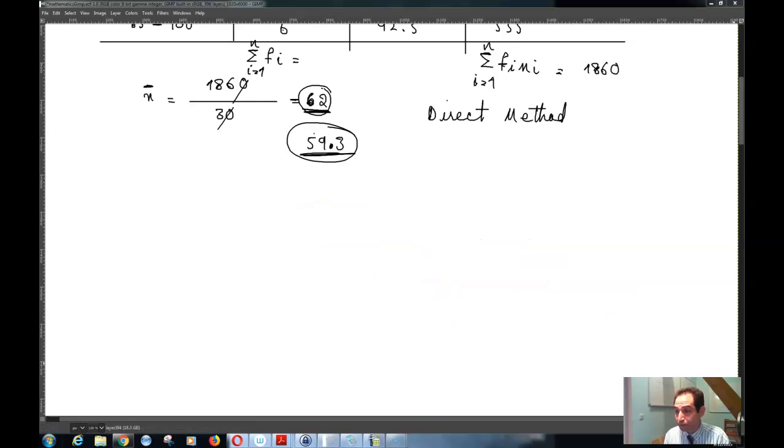Meaning that the difference between these two numbers is 2.7. The difference is the same.